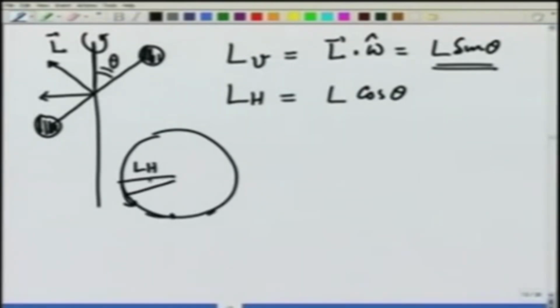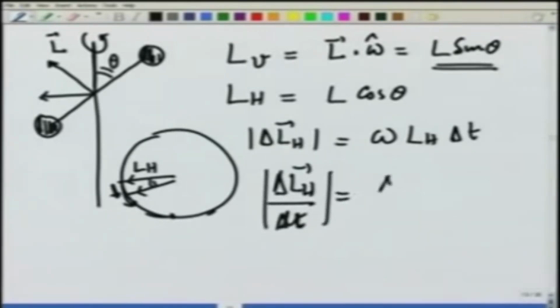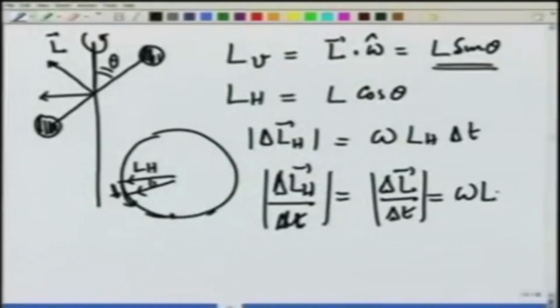So at any given time, the small change in the vector is going to be this way, and this is going to be equal to the rate of rotation omega, the component perpendicular to omega, so it is rotating with omega LH delta t, and therefore delta LH over delta t magnitude is going to be same as delta L over delta t magnitude, because it is only the horizontal component that is changing. This is going to be omega times L horizontal.